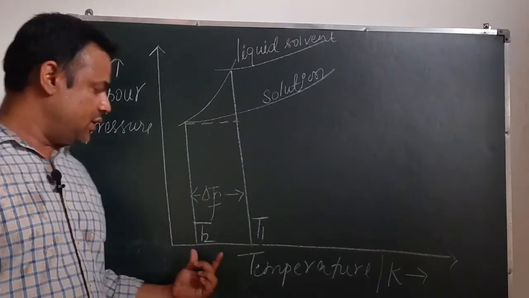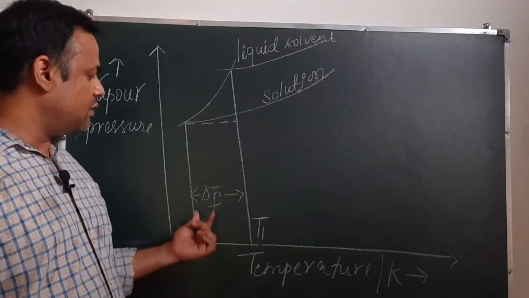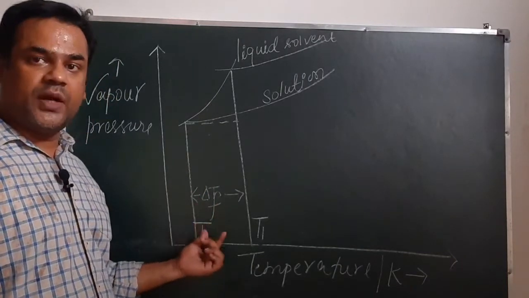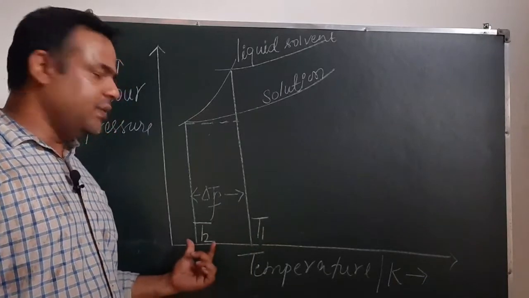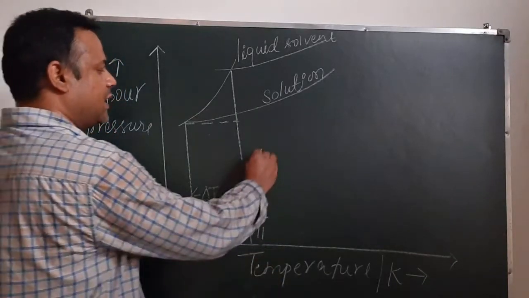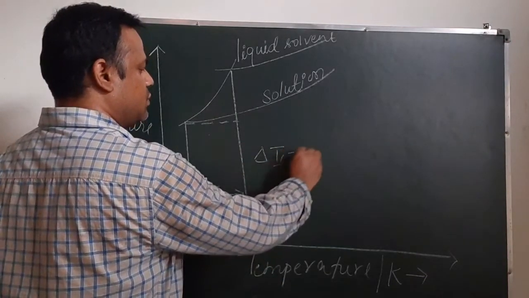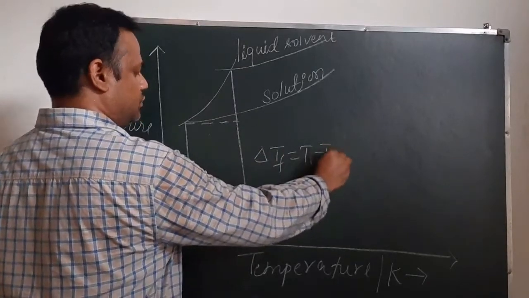So if we calculate the depression in freezing point, it will be T1 minus T2. So we can write here delta TF equals T1 minus T2.